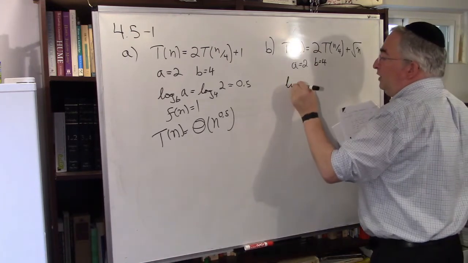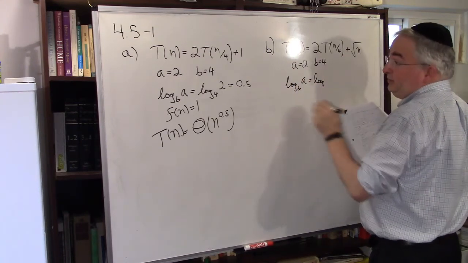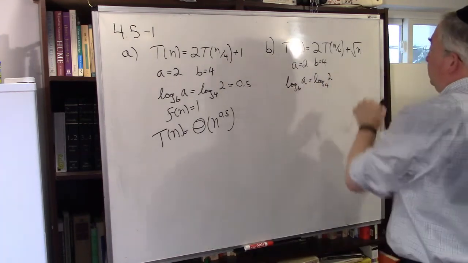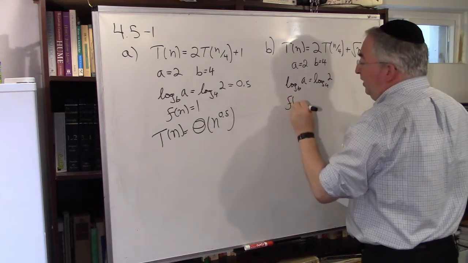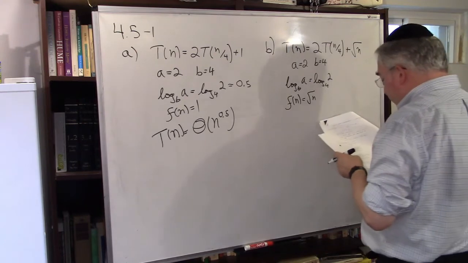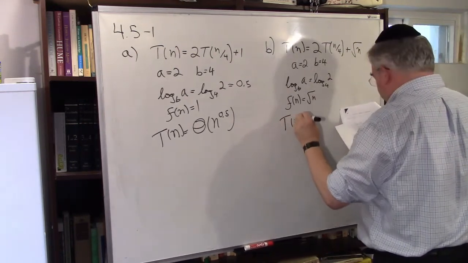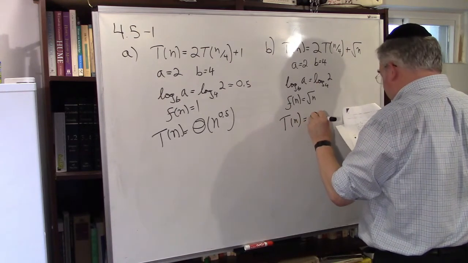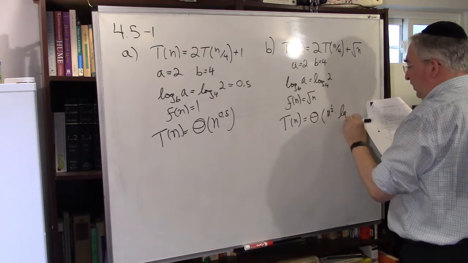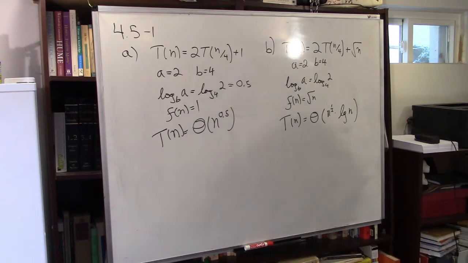Okay, log base B of A is log base 4 of 2, the same thing we did before. It's the same thing, just there's a square root. Here f of n is square root of n. We compare the two, and we use the middle case of the master theorem. T of n is equal to theta of n to the half times log n. Okay.